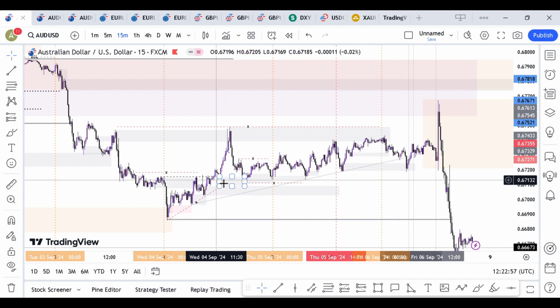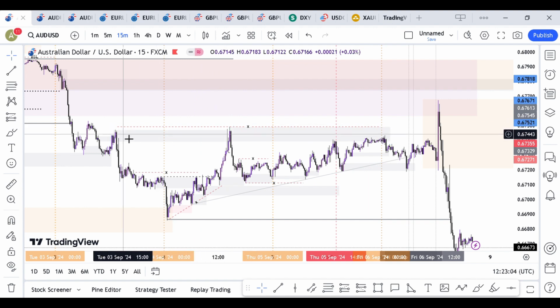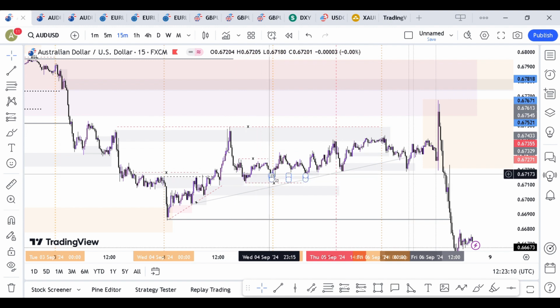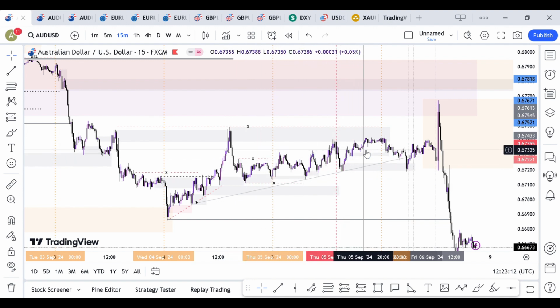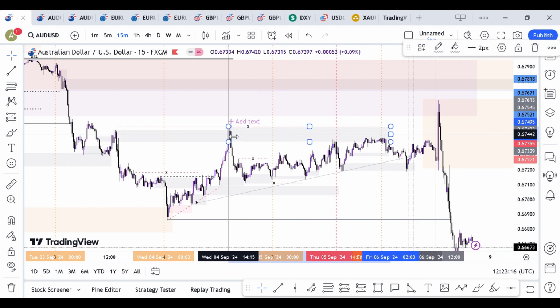So I kept on following up on it. And as you can see, it pulled back to the supply, wicked it, just to take these highs that were left. And then when it was coming down, it tried pulling back up to the upside, but it didn't break this supply, okay, it didn't break above.